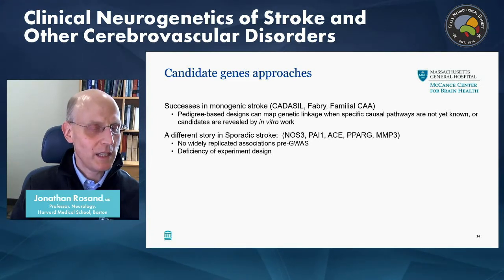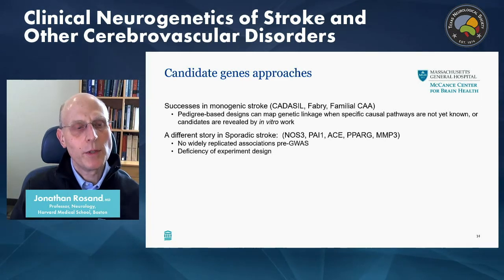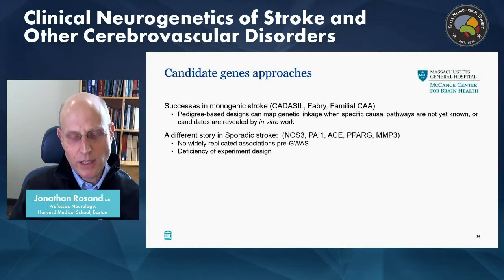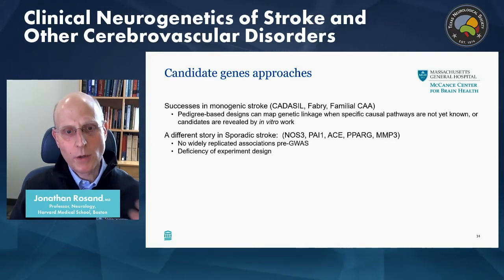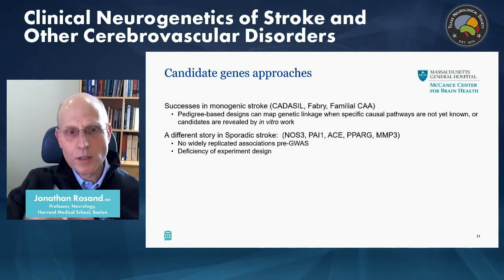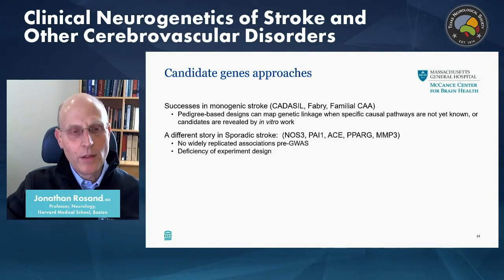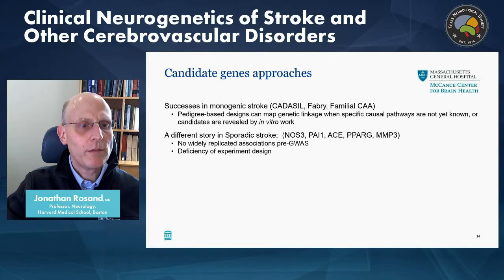This has basically been successfully exploited in rare disorders, in which case these are situations where, once again, you have very high potency variants that cause familial syndromes. But in sporadic stroke, where there have been a number, and I've just listed a few, candidate genes investigated, they've been, I would say, a complete failure.